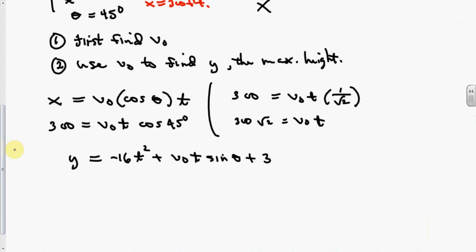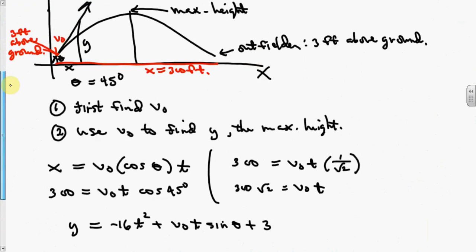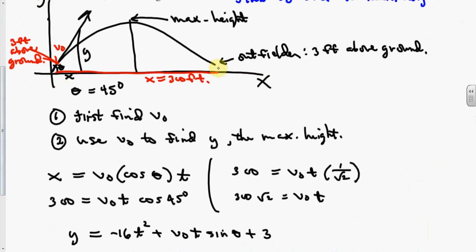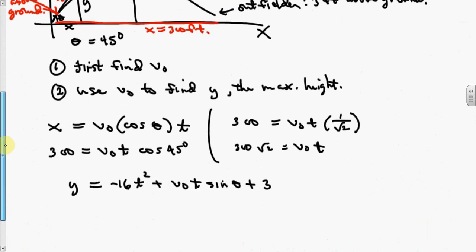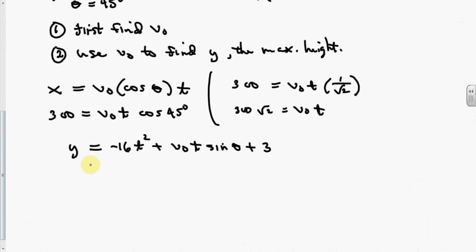Then it tells me that when this guy travels the distance of 300 feet, an outfielder catches it, and he's 3 feet above ground. So when I look at that, I have negative 16 t squared plus the initial velocity times the time times sine theta plus 3 is equal to 3.